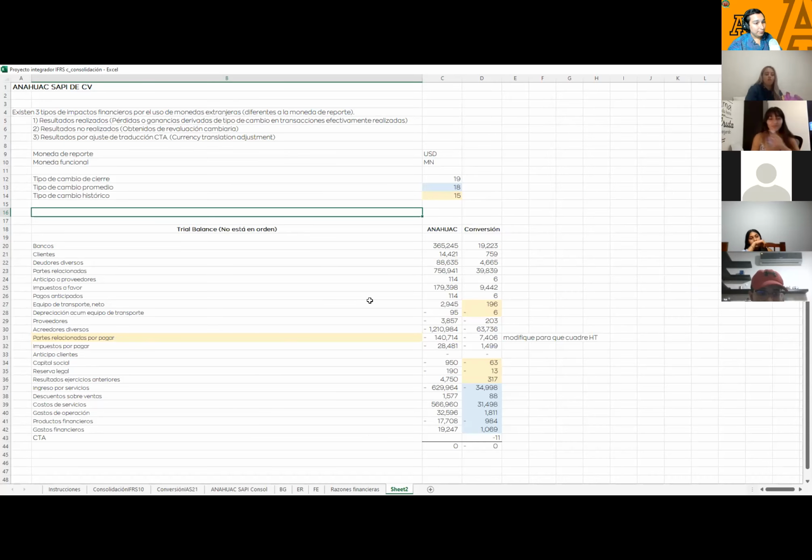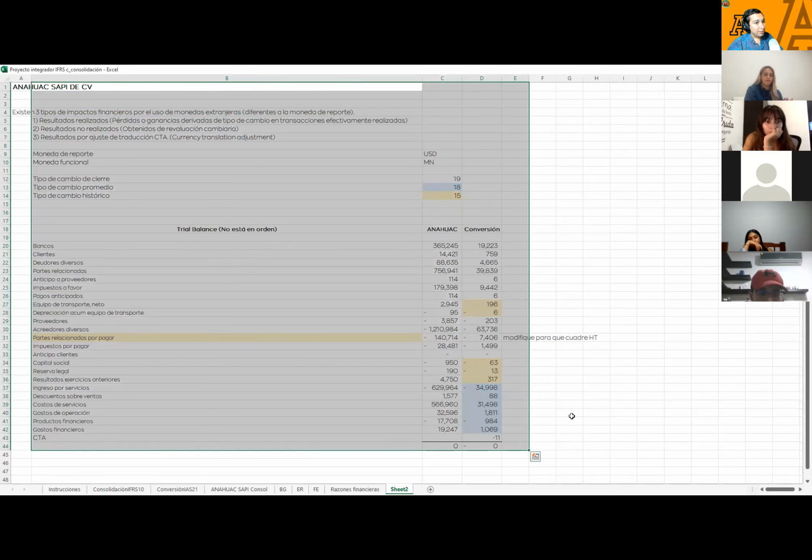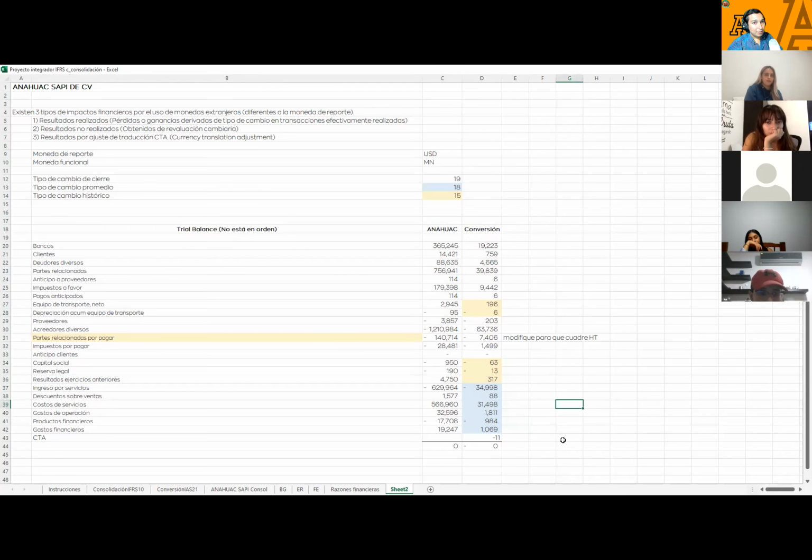We will do a currency reexpression. It's just a translation from pesos to dollars because I can operate in Mexico, but I have USA investors.